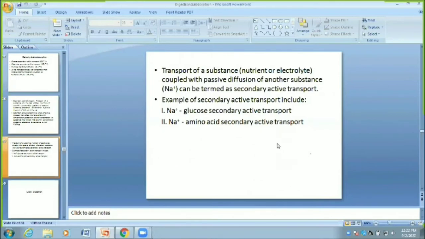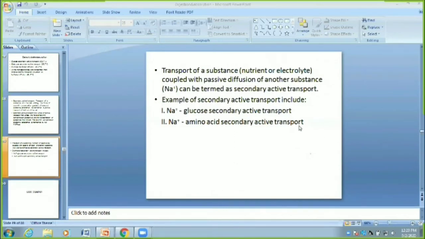That's why ultimately the concentration of sodium within the cell is less and the gradient is maintained, and this gradient of sodium concentration, gradient meaning difference of concentration, is the driving force for absorption of glucose.